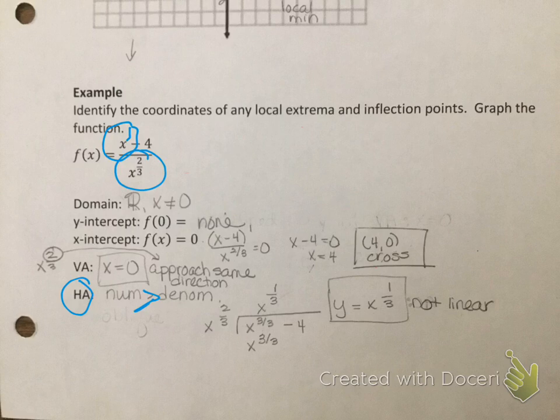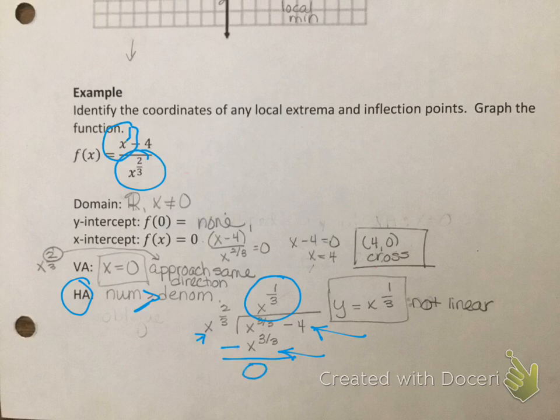So to figure this out, to find my asymptote, I am dividing my denominator into my numerator. I'm doing long division. x to the first divided by x to the 2/3 gives me x to the 1/3. Multiply x to the 1/3 times x to the 2/3 is x to the 3/3 because I add my exponents.